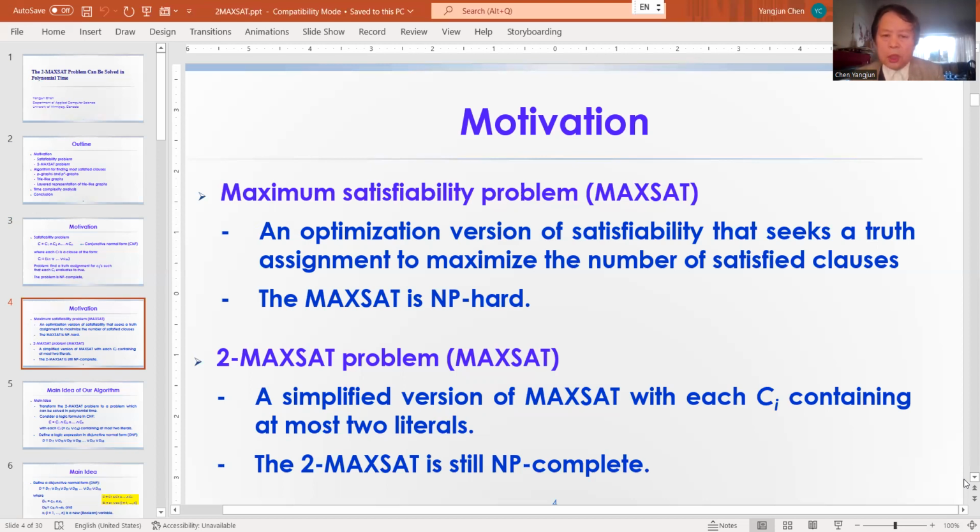The two-mass sort problem is a simplified version of the mass sort problem, with each Ci containing at most two literals. Although this problem is a simplified version of the mass sort problem, it proves to be NP complete.